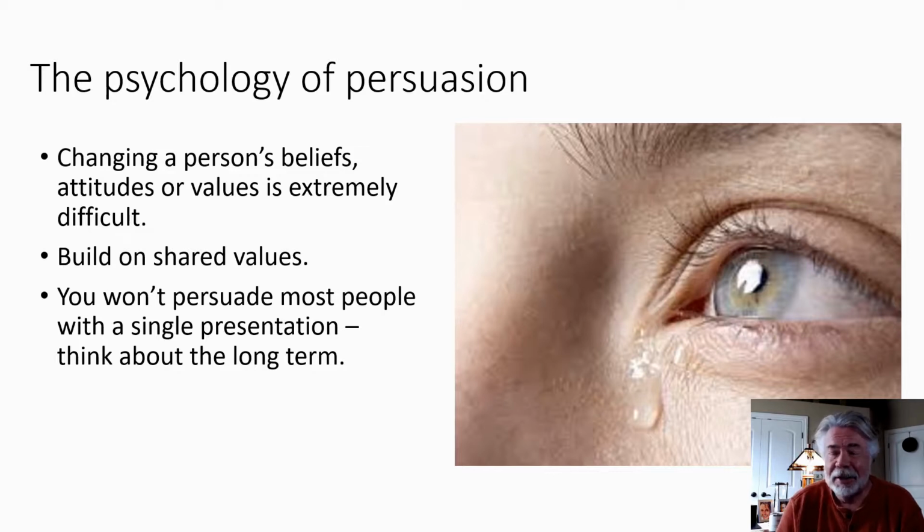If you're going to talk about the issue of legalizing marijuana and you're opposed to it, you can talk about how we all believe that it is not a good thing to become addicted to drugs, and we are all concerned for the health and well-being of our fellow community members, neighbors, family members, etc. That's a shared value, and from that you can build outward to talk about the dicier part of your subject.